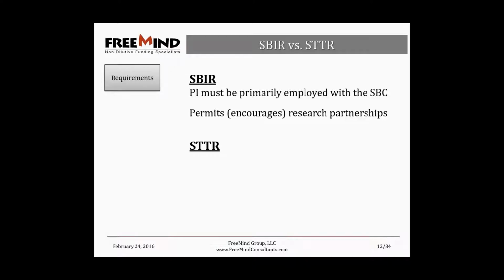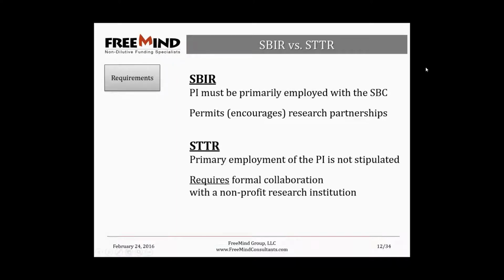In the case of the STTR, the primary employment of the PI is not stipulated. However, it requires the formal collaboration with a non-profit research institution. It can be a university. It does not have to be a university. And again, you must meet the eligibility criteria at the time of award.